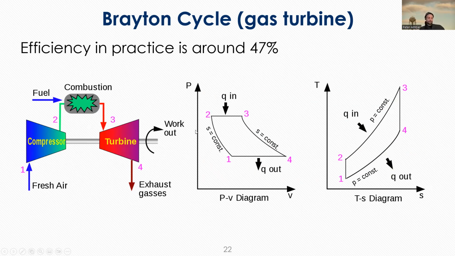And you can see this is kind of the general diagram for the Brayton cycle. But the efficiency in practice is around high 40%. The maximum ones that you'll see can even reach above 50%. So these things are actually quite a bit more efficient than coal plants.